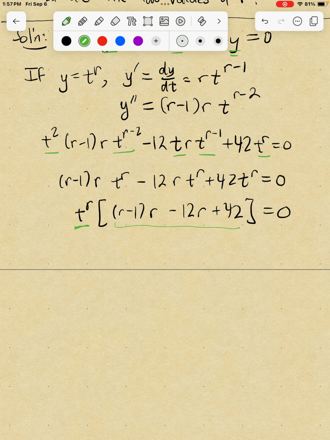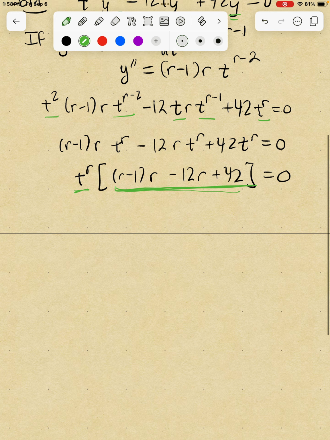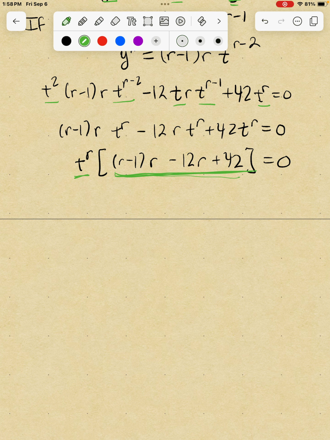If that's not 0, then you have some non-zero number times t to the r equals 0, and that's not possible on any interval, because t isn't going to be 0 in some interval, and then if t isn't 0, you're not going to get 0. So you need this to be 0, this r minus 1 times r minus 12r plus 42.